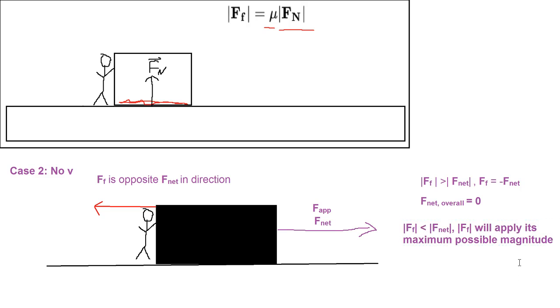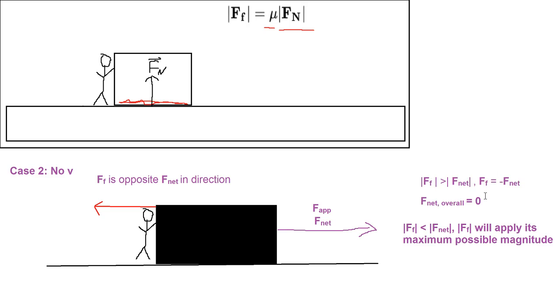So just to summarize, if you have a velocity, the frictional force will be its maximum amount in the opposite direction that you're going in, all the time, 100% of the time. If you have no velocity, though, you have to actually compare the applied forces, or the net of all the other forces that aren't friction, to friction. If the maximum magnitude of the force of friction is bigger than all the other forces added together, friction will only apply itself enough to cancel out all the other forces, which will leave you with a net overall force of 0.